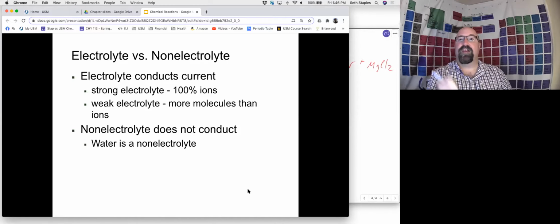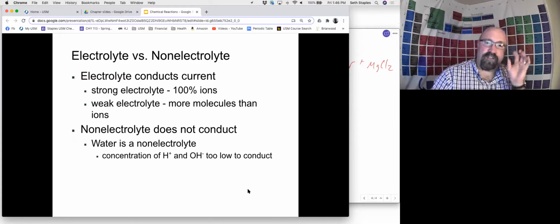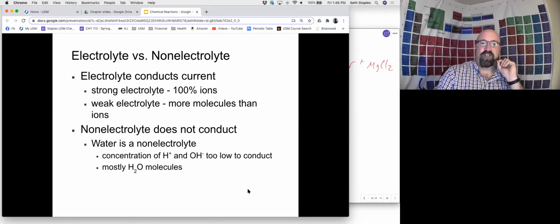That's what's passing the electricity through. If you have absolutely pure distilled water with nothing in it, you could stick your finger in that, have it zapped with lightning all day long, and you're going to be fine. And so pure water is a non-electrolyte. We'll look at this a little bit later, but there are some ions in pure water, but they're at concentrations too low to actually conduct electricity.